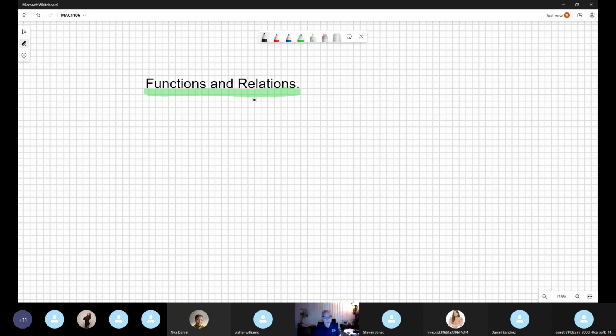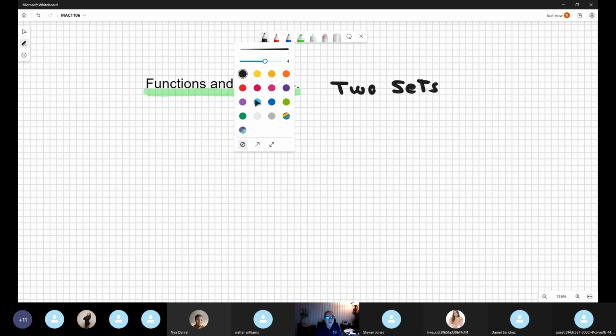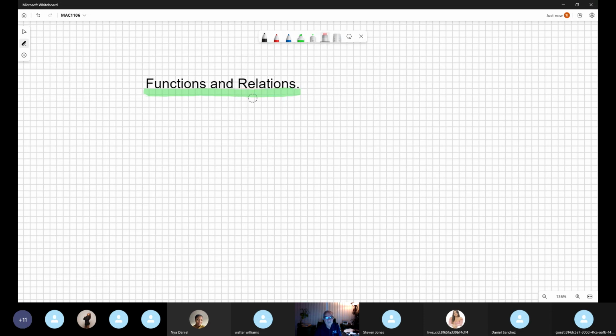Suppose we have two sets. A set is a collection of objects.